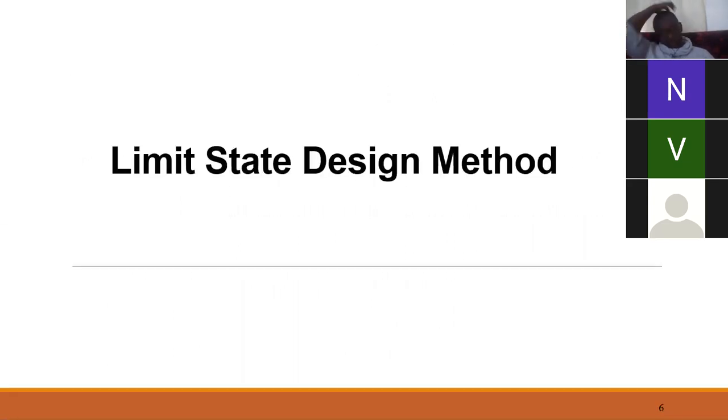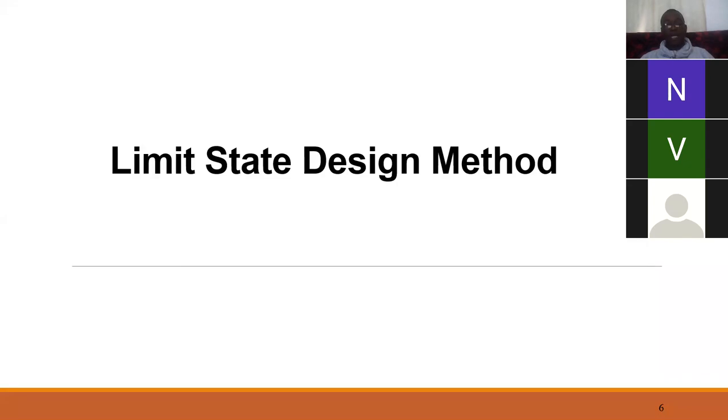So now, as far as the British standard is concerned, the design of structural steel falls under the limit state design method. There are several design methods, but one of them, and that is within our scope, is called limit state design method.